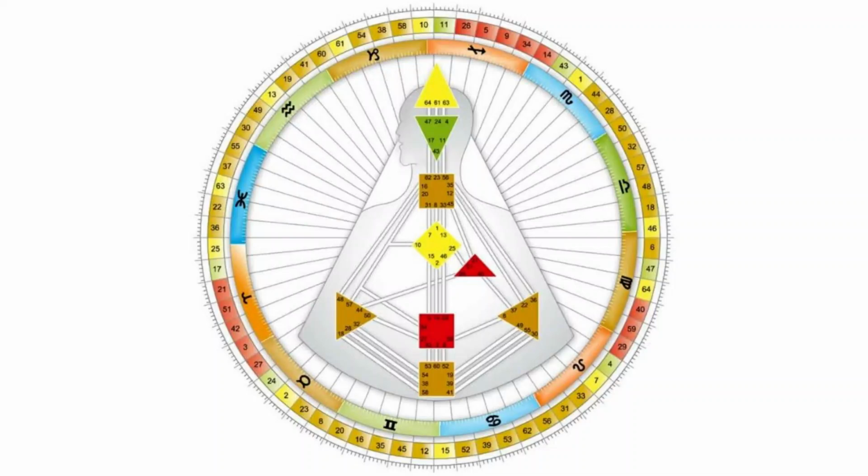Gate 17 is the mind's architect, the capacity to organize thought into coherent opinion that can guide collective progress. Operating within the collective understanding circuit, it translates patterns into frameworks, helping others make sense of experience.